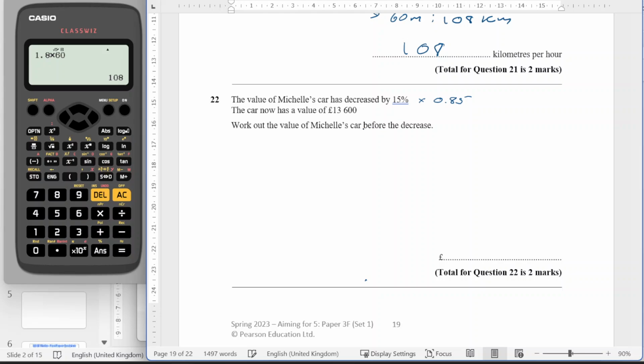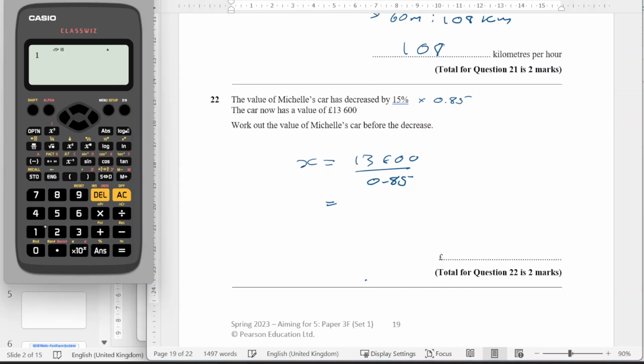So if original value times by 0.85 gave us 13,600, the original car must have been 13,600 divided by 0.85. So 16,000.